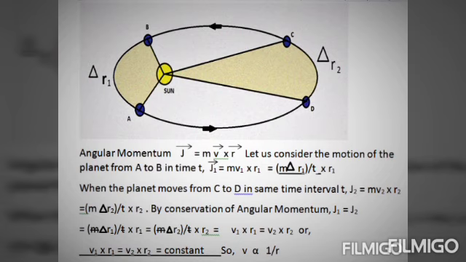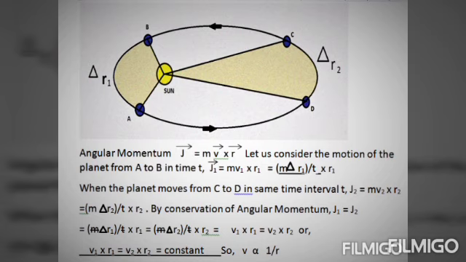J vector is equal to m into v vector cross r vector. The v vector represents the velocity vector and the r vector represents the position vector of the planet, keeping the Sun at the origin. Let us consider the motion of the planet from A to B in time t.